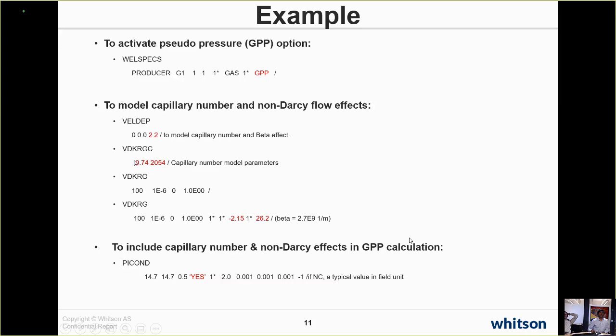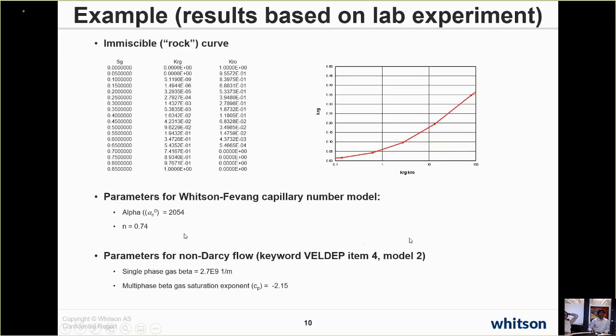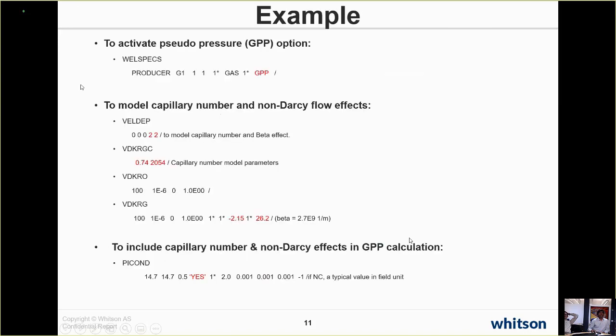Then to give the Wilson-Febvre model parameters, we go to VDKRGC and we write 0.74 and 2054, whatever we got here: 2054 and 0.74.